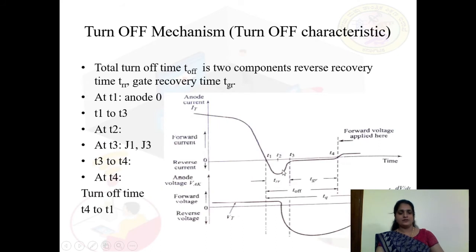At the instant T3, the junctions J1 and J3 are able to block the reverse voltage.